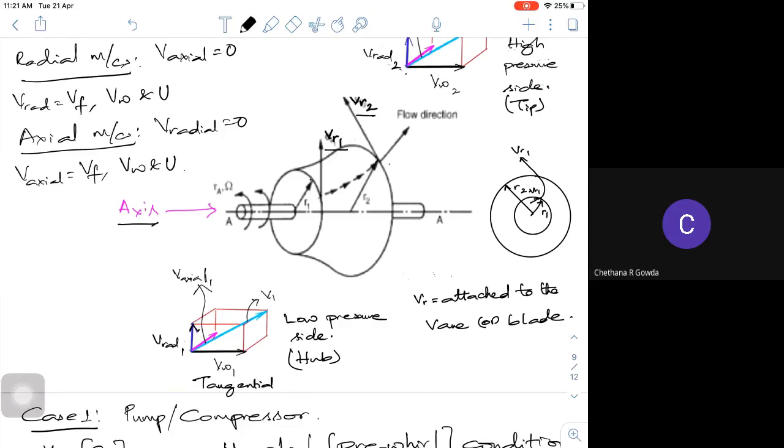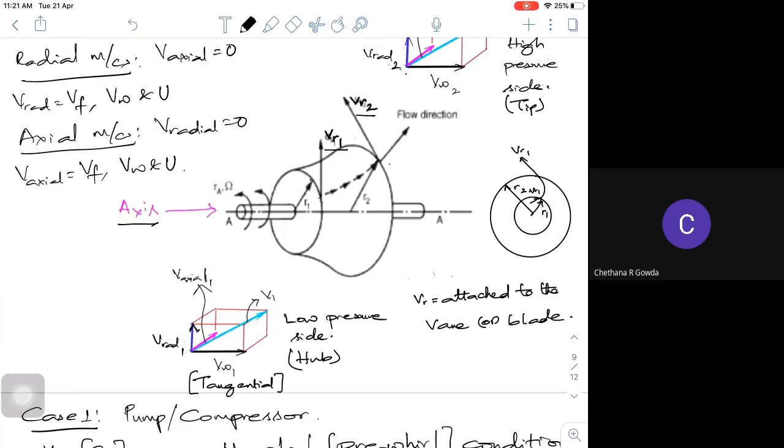So the absolute velocity with which the fluid enters or goes out, whether it is a compressor or a turbine, has three components: an axial component, a radial component, and a tangential component.